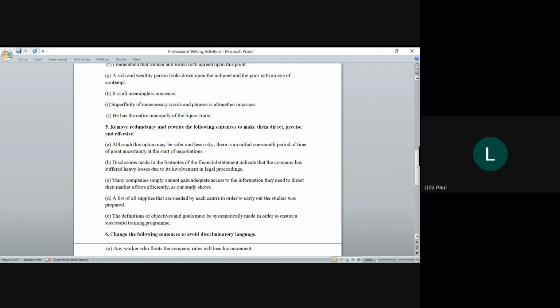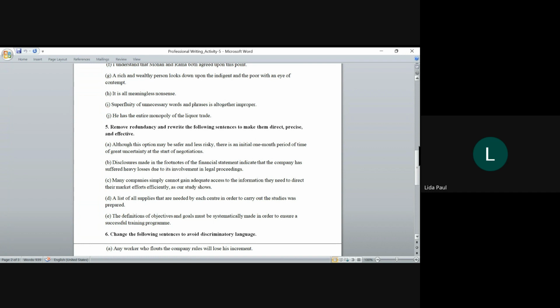But more than "as our study shows," is there anything in the main sentence? "As our study shows" is an additional phrase. In grammatical terms, something that you can call an adjunct. So optional. But in the main clause that you see here, is there anything that you think is redundant?